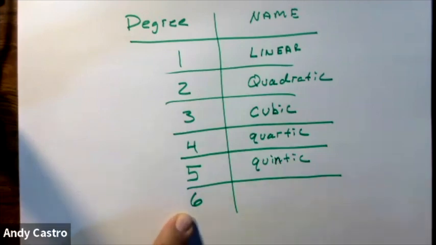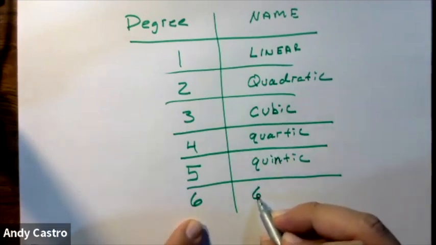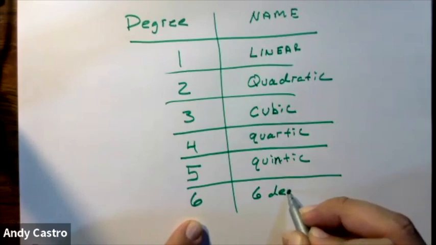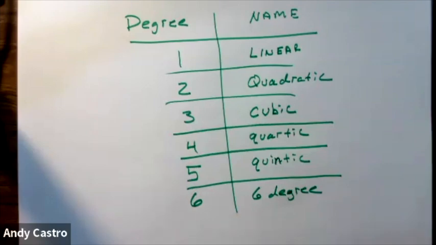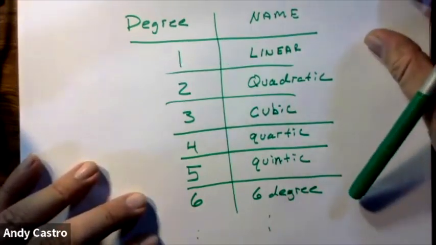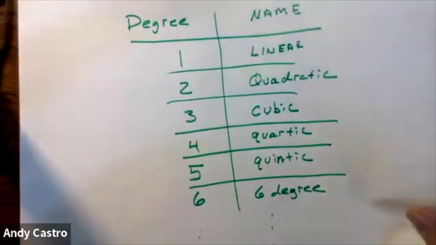And if it's degree 6, it's called a 6th degree. Then, of course, anything above that, 7 degree, 8 degree, 9 degree polynomial. Or binomial, or whatever the terms are.